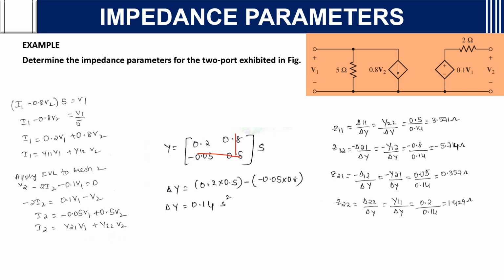Delta 22 is the minor of the matrix, so Y11 is 0.2 by 0.14, that is 1.429 ohms. Simple. From this you can write the Z matrix: 3.571, minus 5.714, 0.357 and 1.429 ohms.